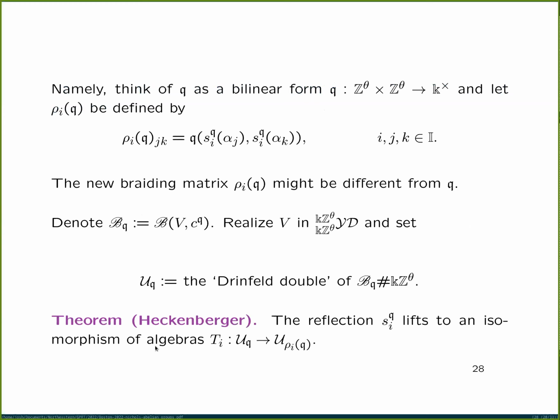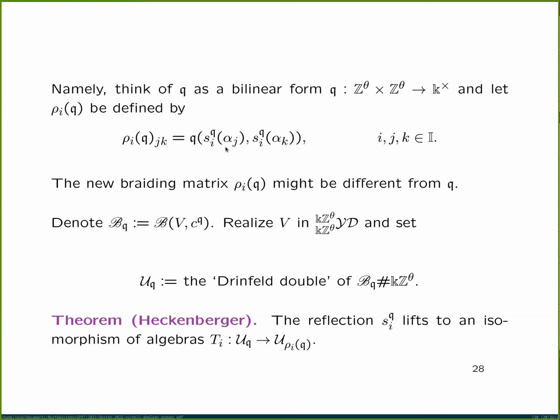think of Q as a bilinear form like this, or bicharacter if you prefer, and define a new matrix, rho_i of Q. So rho_i of Q is as follows.